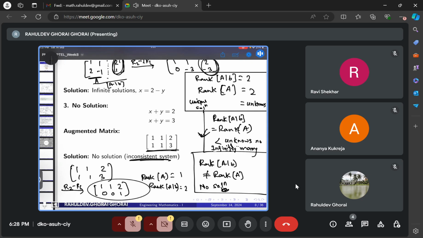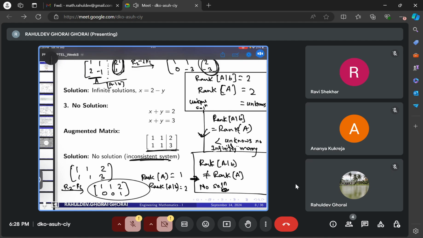Yes, sir. Got the point. So then it will come to this case. What does it imply? There is no solution, right? So it becomes very easy. With these very easy examples, I hope I could make you understand how you can find whether it has a unique solution, infinitely many solutions, or no solution.